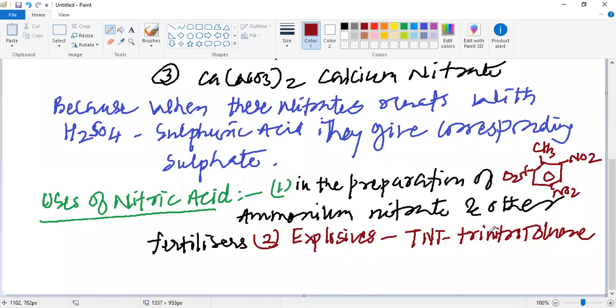This nitric acid is also used for the pickling of stainless steel. So we can write pickling of the stainless steel.